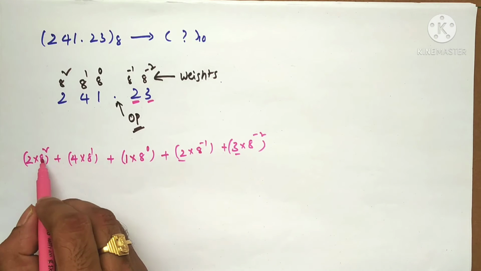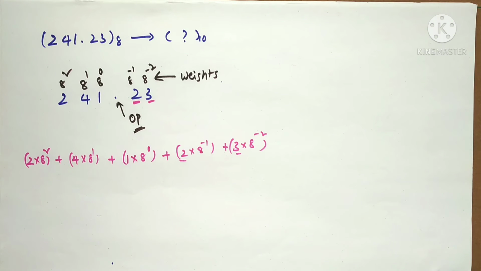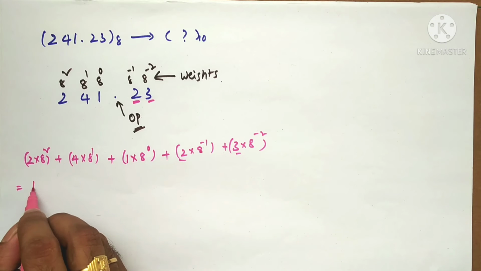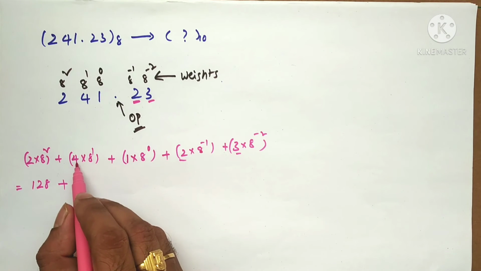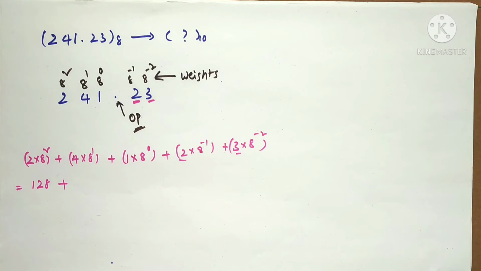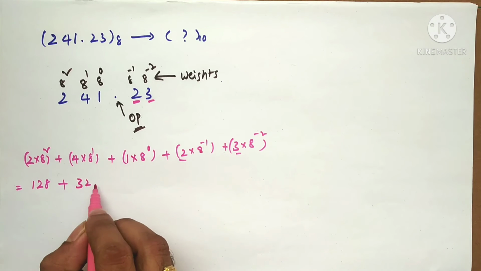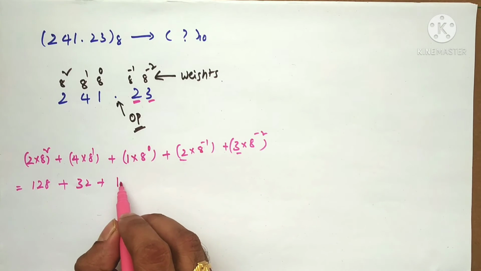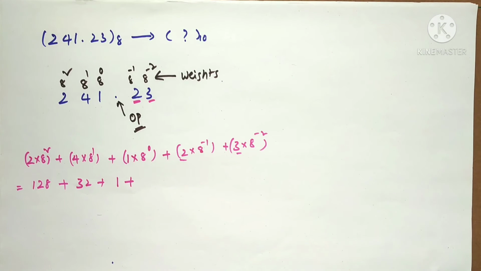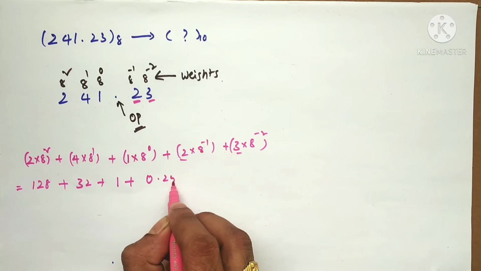So 8 square means 64. 64 into 2 will become 128 here. 128 is the answer here. Plus 8 into 4, 32. 8 power 0 means 1. 1 into 1 is 1. Plus 2 into 8 power minus 1 is 0.25.